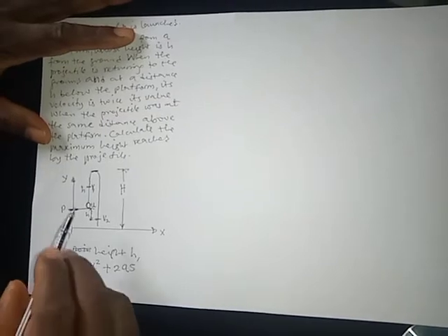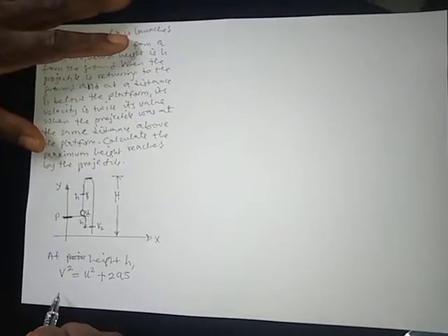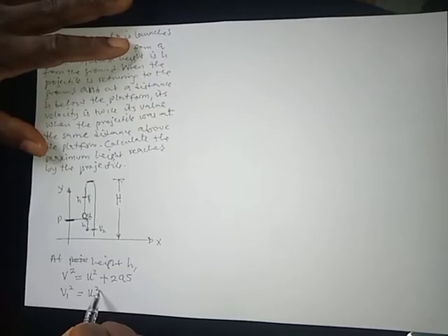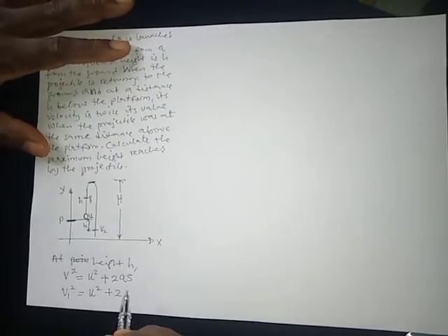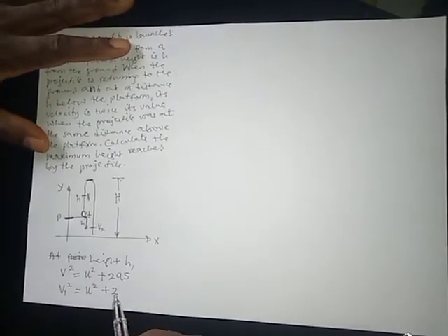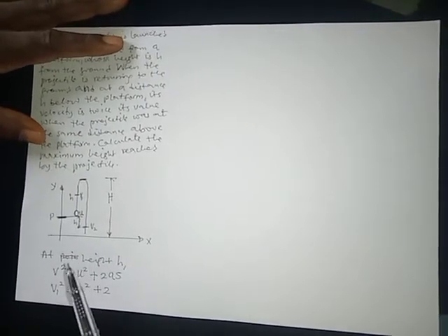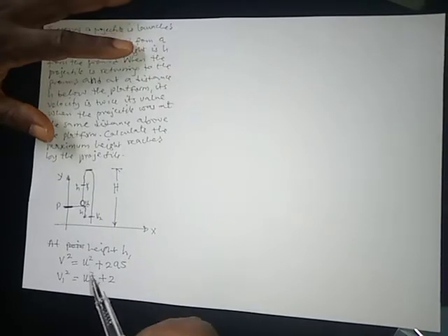That means at height h, we have v1 squared equals u squared plus 2a. In this case, a is acceleration due to gravity because the object is launched vertically upward.